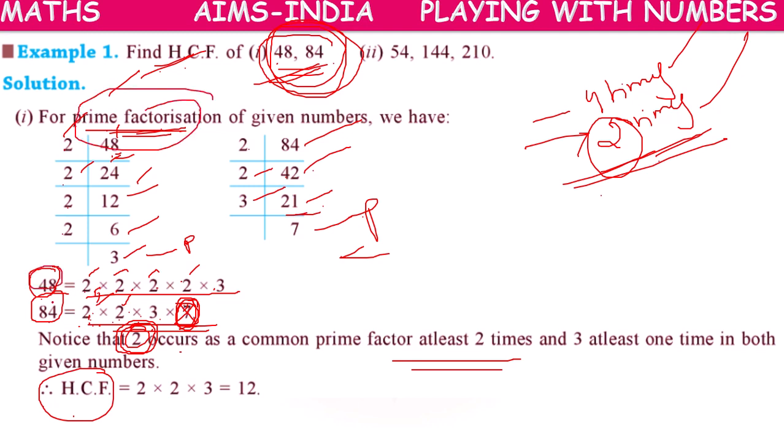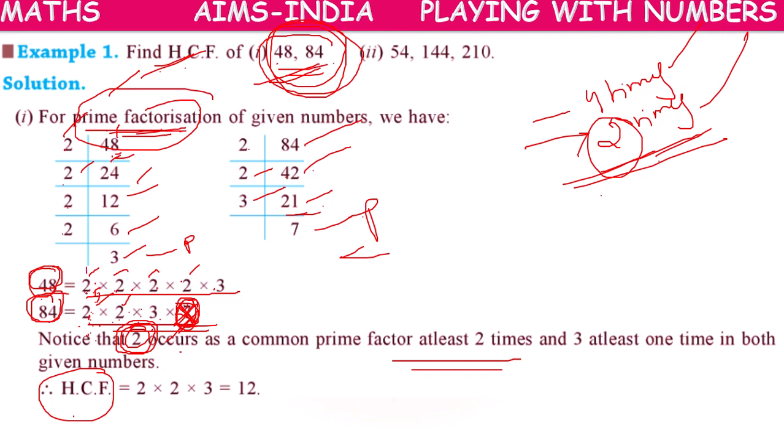Next we write all the prime factors. Next, those which are not common, we can strike off. In the common prime factors, each common prime factor, the least number of times it appeared, that number of times we have to take.